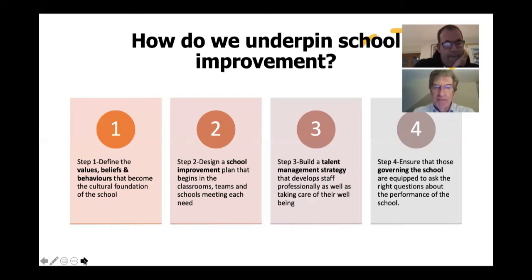is really important. The second step, once you define that, I think, is to think about how you develop this school improvement plan that starts and is rooted in the classroom practice, in teams, that work together to improve classroom practice, and how the individual schools and the collection of schools work together.